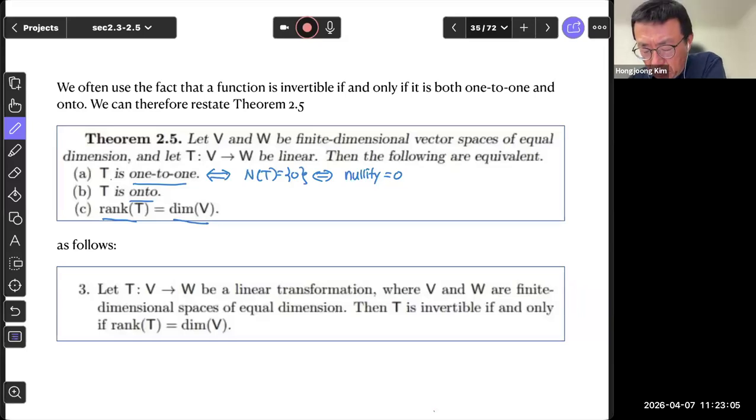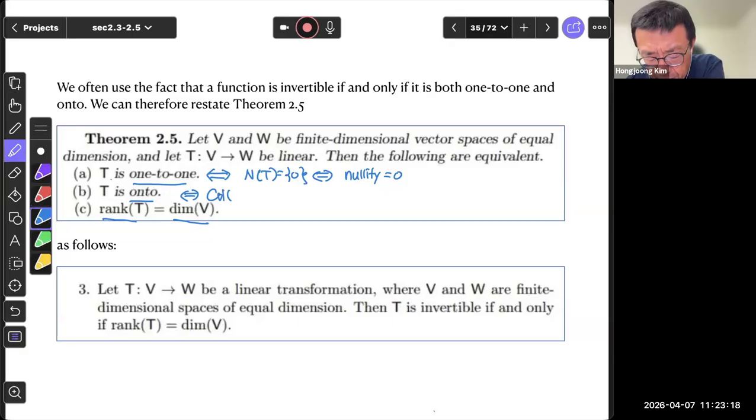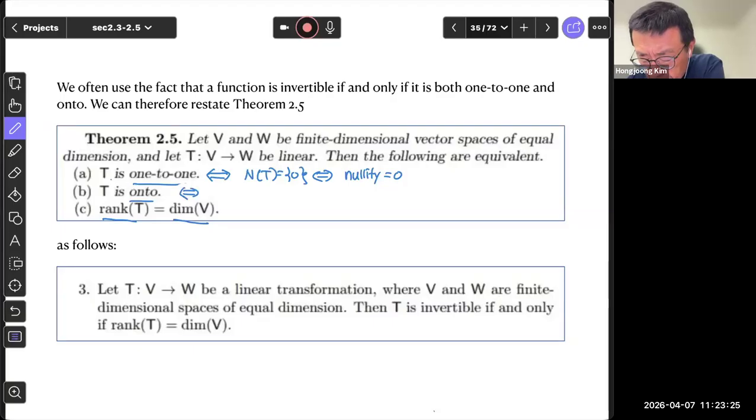T is onto, that means the column space, so the range of the mapping, equals the codomain W. If that's the case, then the rank of this mapping will be the same as the dimension of the whole space, W space.